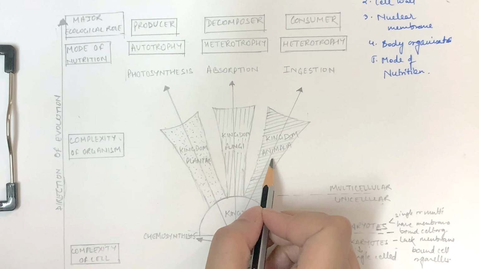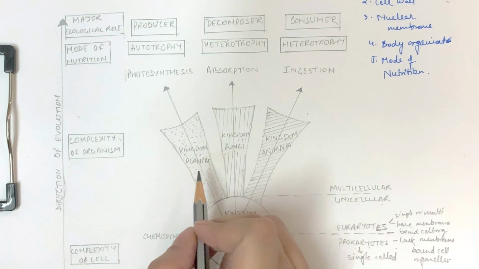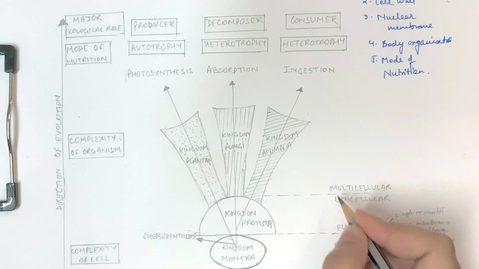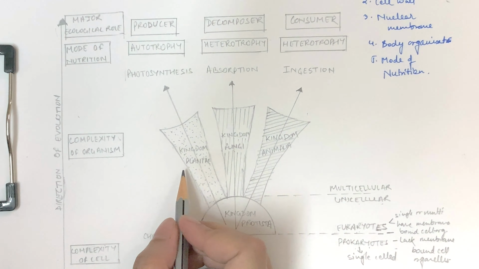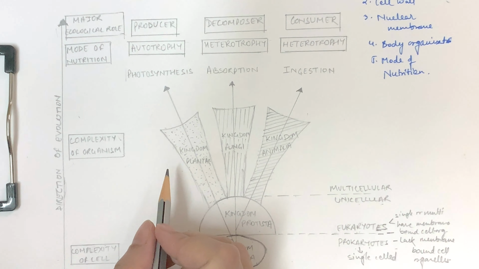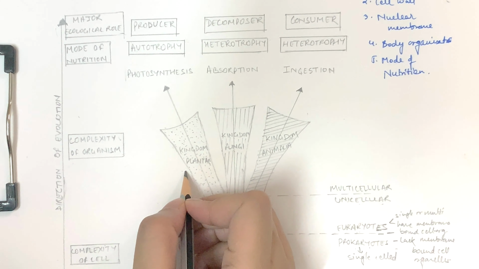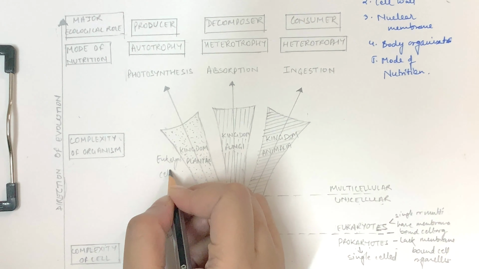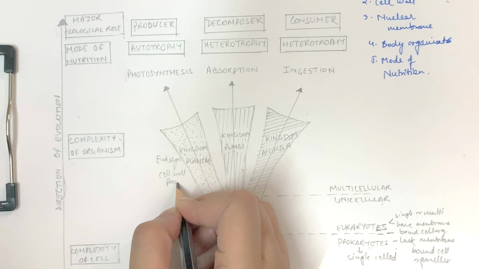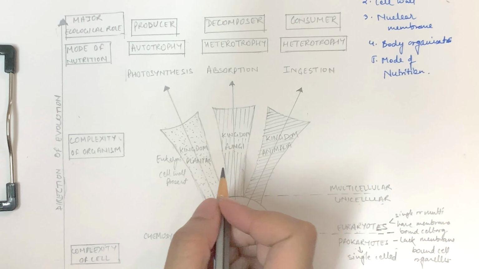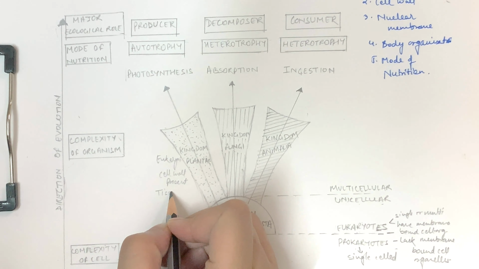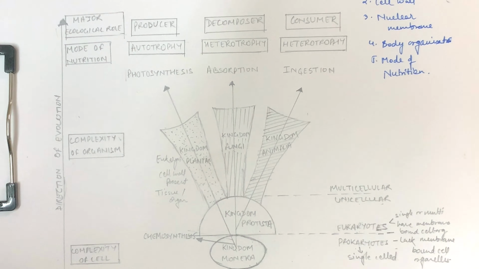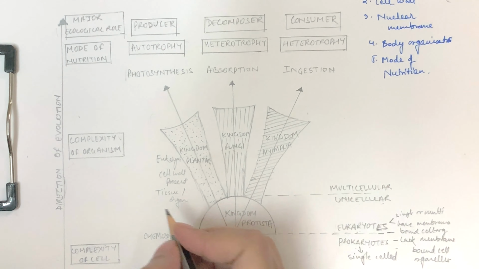Okay. Now here we'll take it up one by one. So we'll take plants first. They are eukaryotic. Because above this line all the organisms are eukaryotes, so they are eukaryotic. Then the cell wall is present. Okay, and they have tissue or organ body organization, and they are autotrophs.